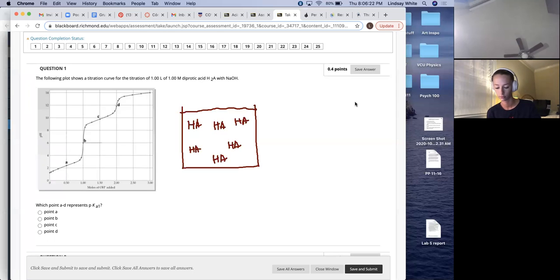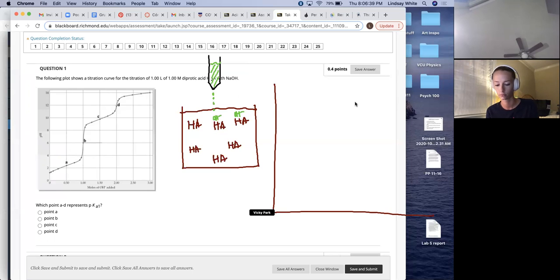And basically I am going to titrate it with a strong base. Okay. So here, this is 14. This is a titration curve.